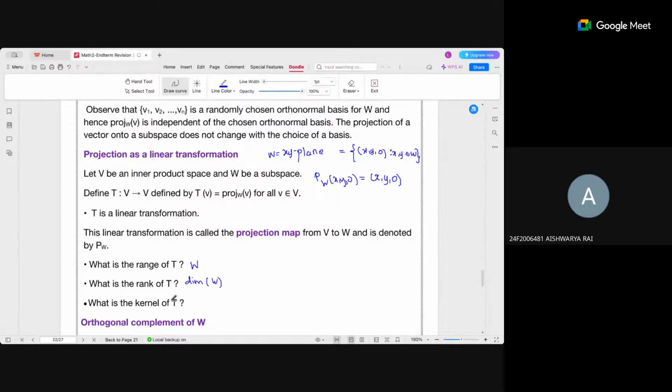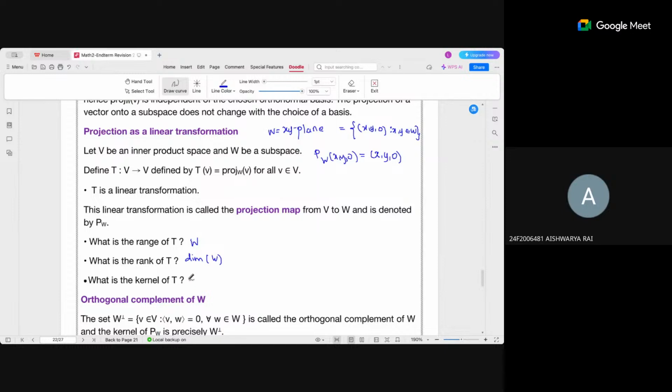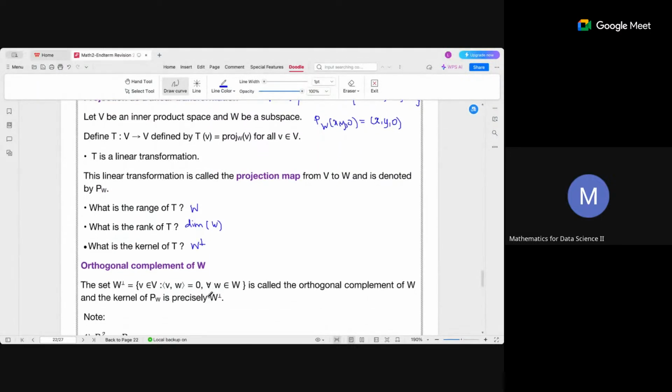The nullity is dimension minus rank. Here the kernel of T is nothing but the orthogonal complement of W. What is the orthogonal complement of W? It is the set of all V in the space such that inner product of V, W is 0 for all W in W. That is called an orthogonal complement.